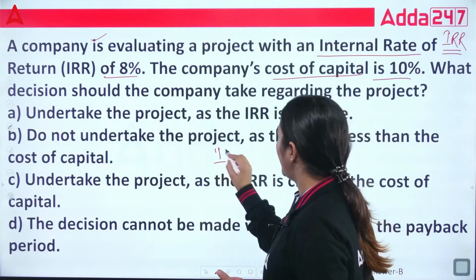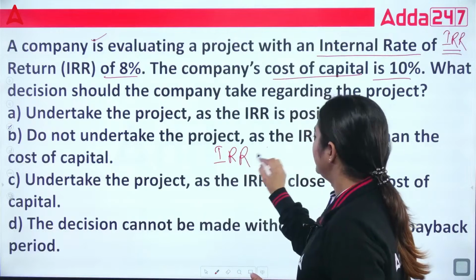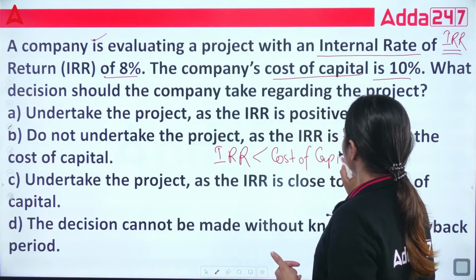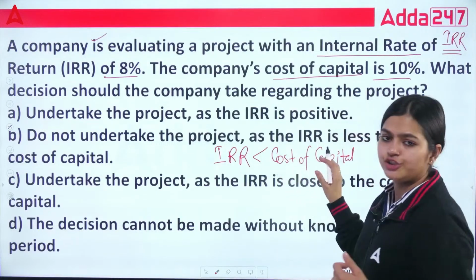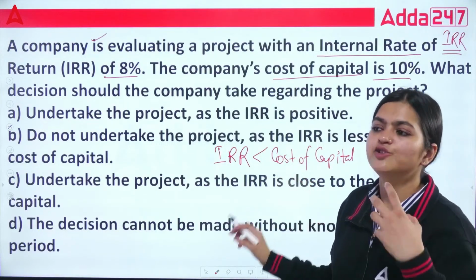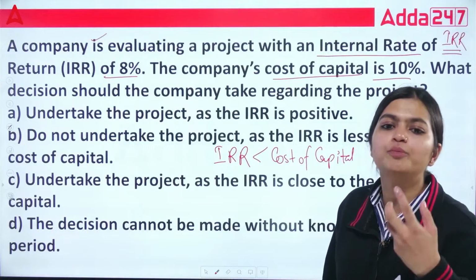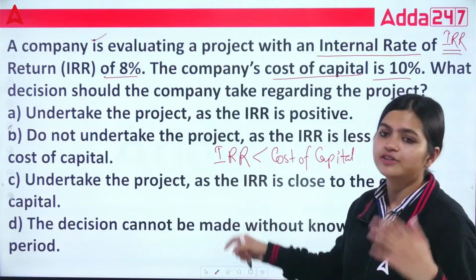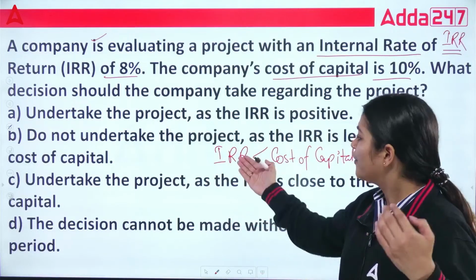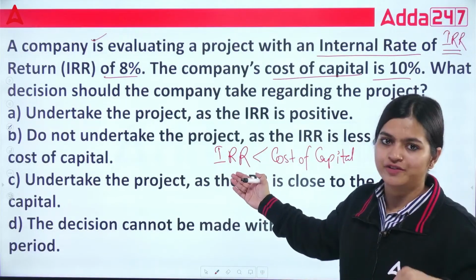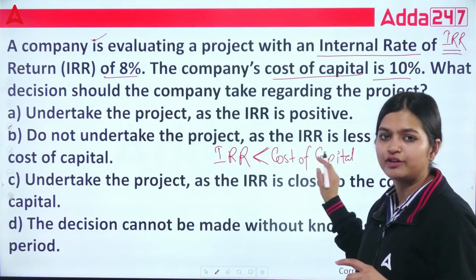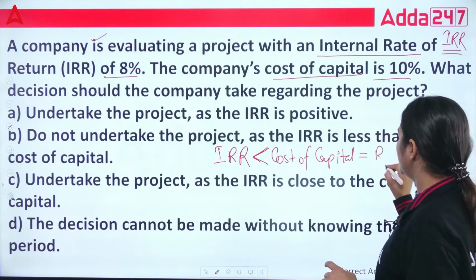Cost of capital shows how much expense we need to pay for that particular capital. So that is your cost, and IRR is your return, what you are going to get from that investment. So if it is smaller than your cost of capital, then we are going to reject it.